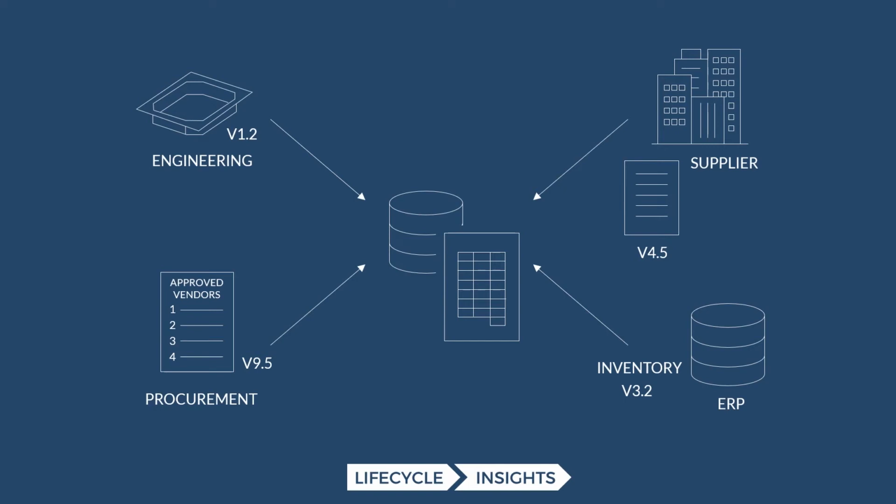You might need a list of approved vendors from procurement. The problem is that those integrations take a long time to develop. They can be broken very easily when you go from one revision of an enterprise system to the next one.